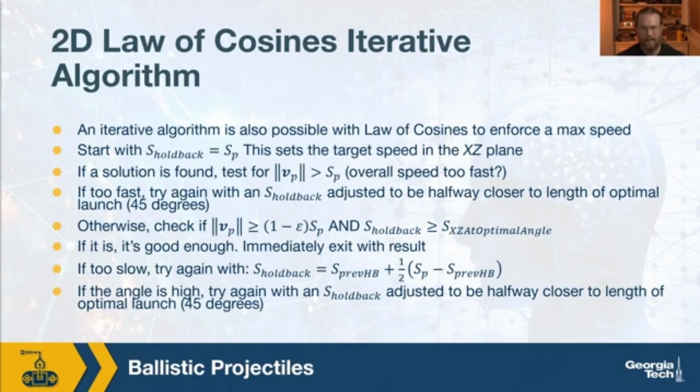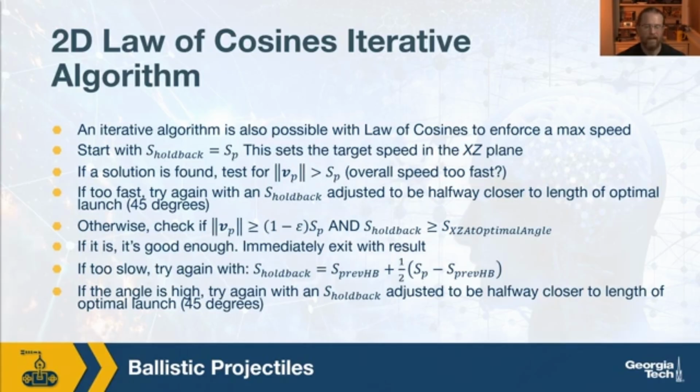Now we can't have it be exactly equal, because we're doing all this refinement. We're not going to be able to converge perfectly on the maximum speed if any refinement has to actually occur. So that's where the 1 minus epsilon is coming from. If say epsilon is 0.01, 1 minus 0.01 is 0.99, so 0.99 times the speed. We're just saying we're getting pretty darn close to the max speed.